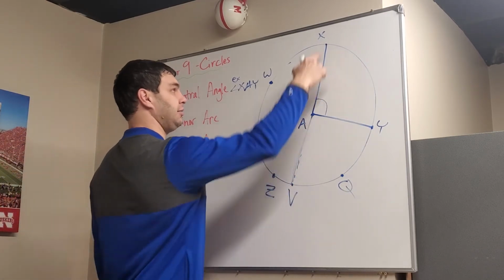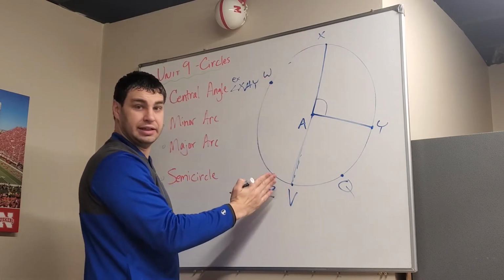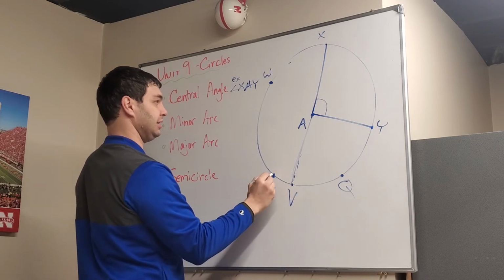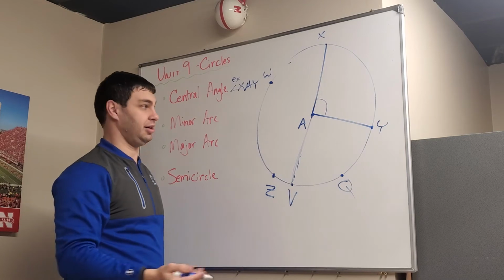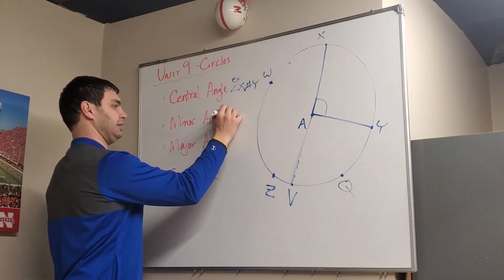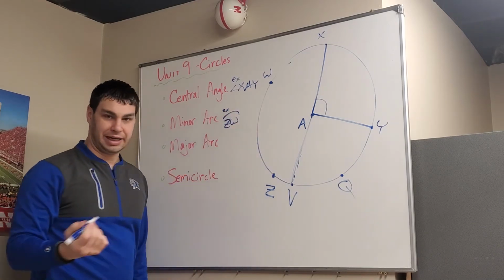If you think of XV as being a diameter, a diameter is a straight line, that's 180 degrees. Less than that, so maybe ZWX would be a minor arc. That's less than 180, or even ZW. So I'm going to put an example here and say arc ZW would be a minor arc.